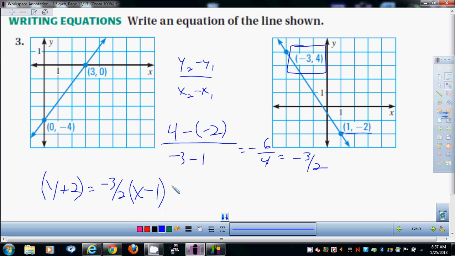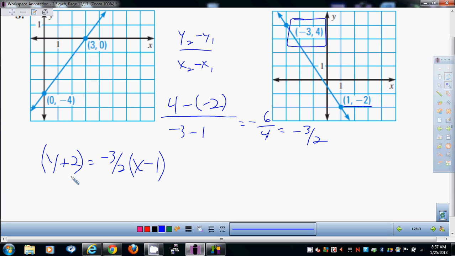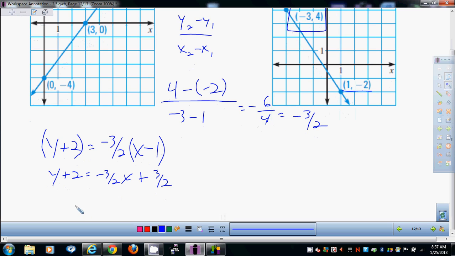Why is that plus 3/2? That's right. Well, negative times negative. Right. Negative, negative, positive. Subtract 2. And what does y equal? Well, 3/2 x isn't going to change. What is 3/2 minus 2? What did you say? -1/2.